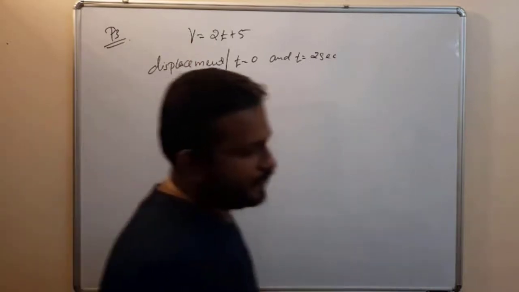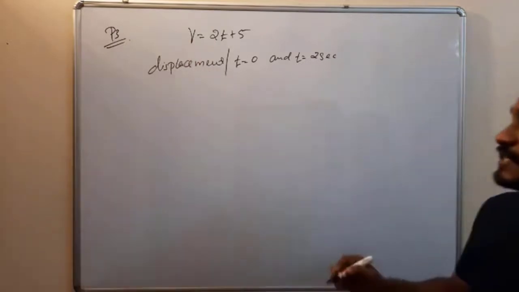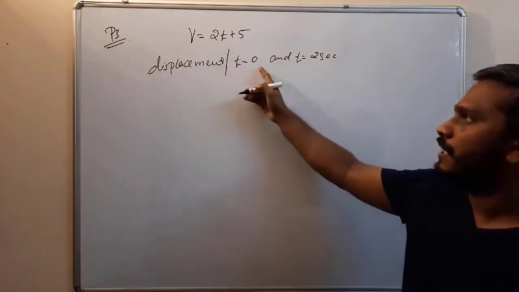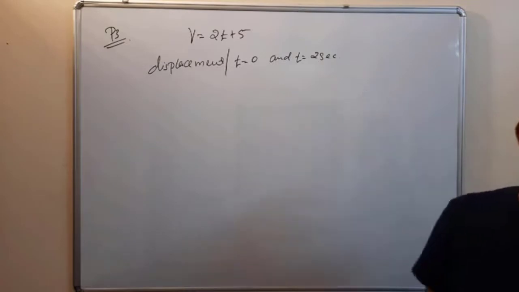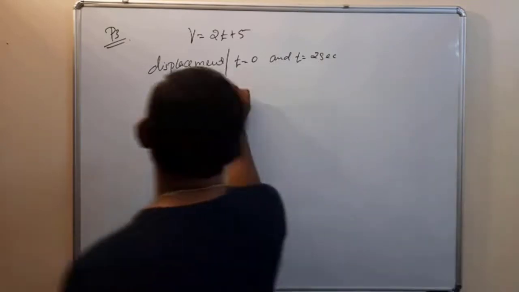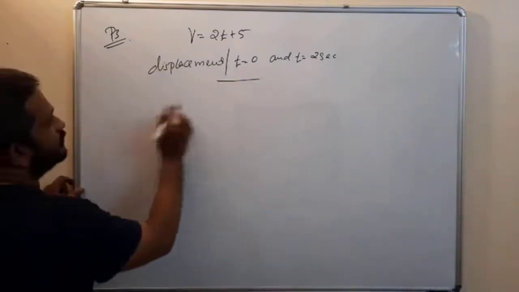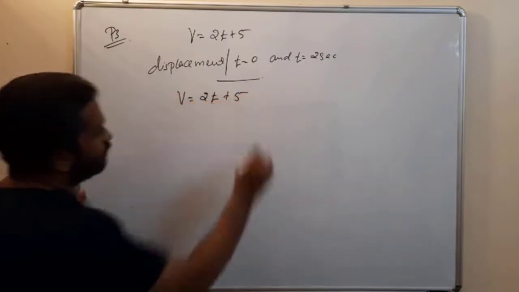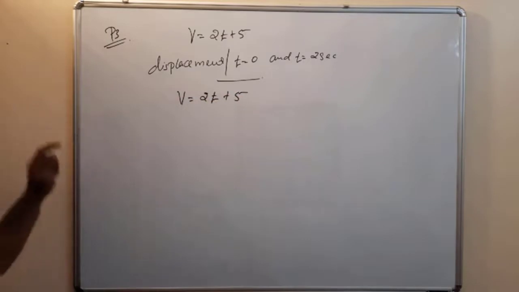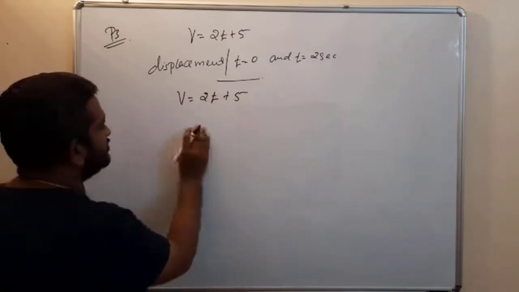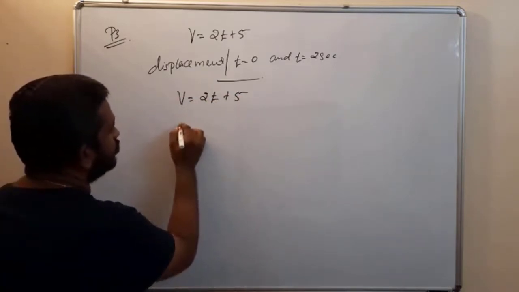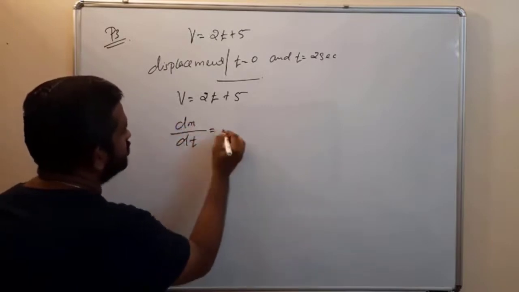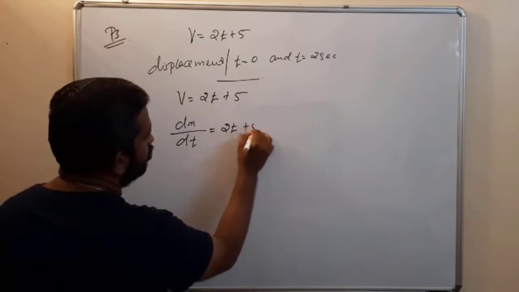Listen here. The instantaneous velocity is given, v is equal to 2t plus 5. We have to find the displacement in the interval t is equal to 0 and t is equal to 2 seconds. Step 1: write v is equal to dx by dt, so dx by dt is equal to 2t plus 5.